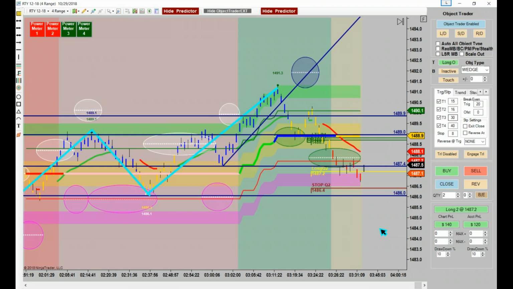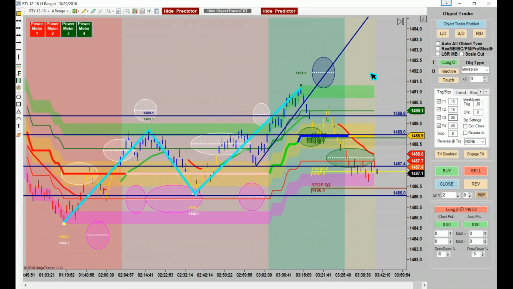Now this is when you just love it, when they try to take you out the best way they can. See, now you have a high, you have a low, you have a higher high, you have a higher low so far. Okay, so we're still good on our trade. Now, if we had multiple contracts, I'd probably do a runner, but with just 2, I'm going to just go for mid-band if I can get it. We'll just try to do some easy type trades and see if we can get some decent trades.